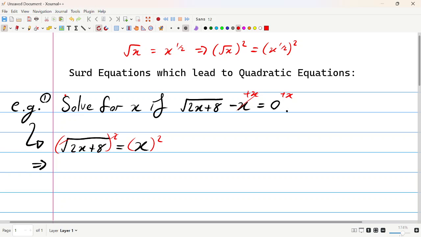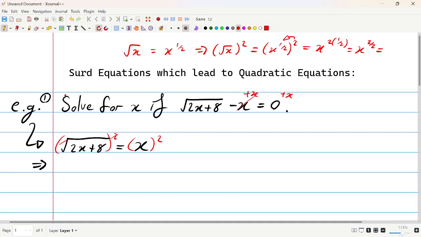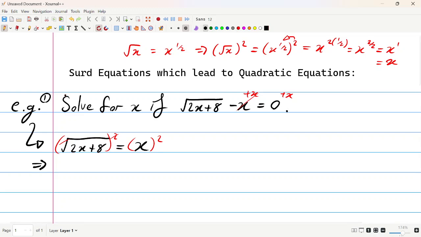Using the product of exponents, I can take the square in, and this is the same as x to the power of 2 multiplied by a half, which is x to the power of 2 over 2, which is x to the power of 1, which is just x. I did too much there, but hopefully that makes sense on why we square both sides.